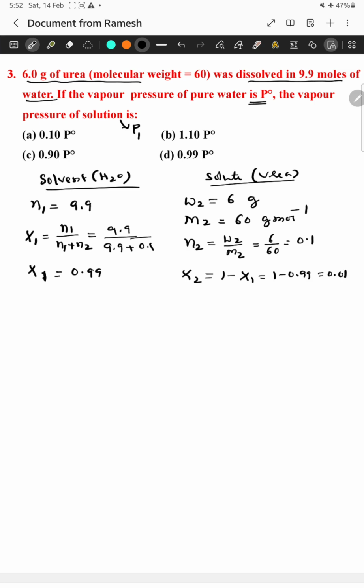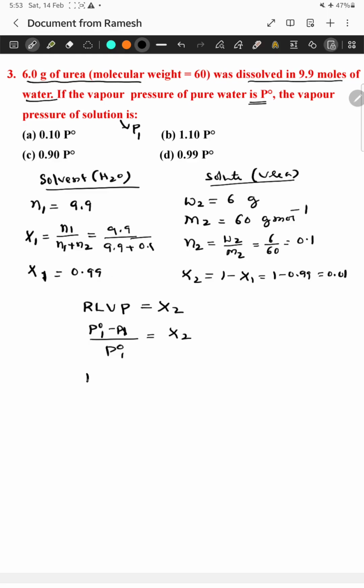So now use the Raoult's law for RLVP. Raoult's law for RLVP is nothing but RLVP, that is relative lowering of vapor pressure of liquid, is equal to Chi2. So now what is the RLVP formula? That is P01 minus P1 divided by P01, that is equal to Chi2.